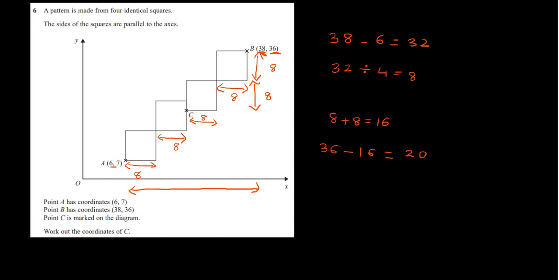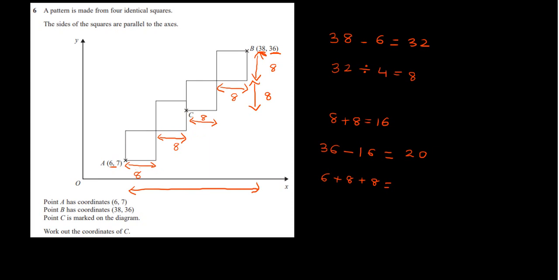The 6 is the x coordinate for A. If I add 16 to it, because there are two 8's on here, that would give me the x coordinate for C. So I'm going to go from 6, 8 to the right and another 8. 6 add 8 is 14, 14 add 8 is 22.